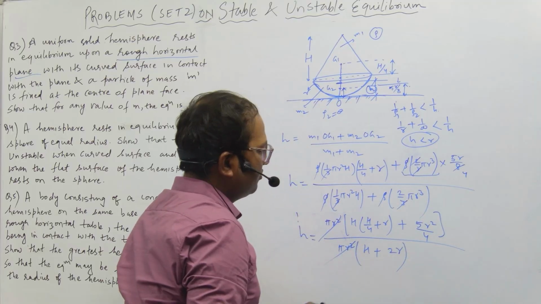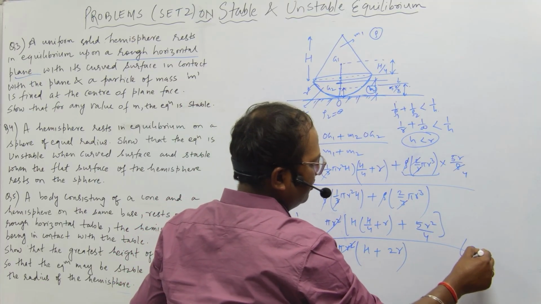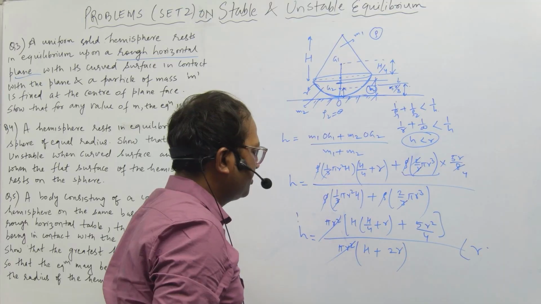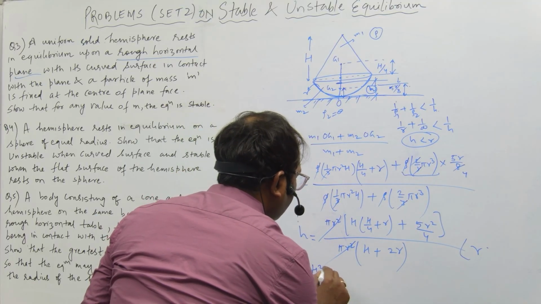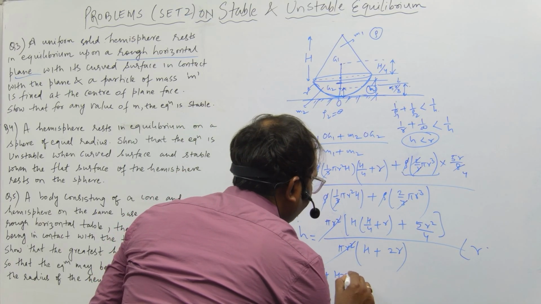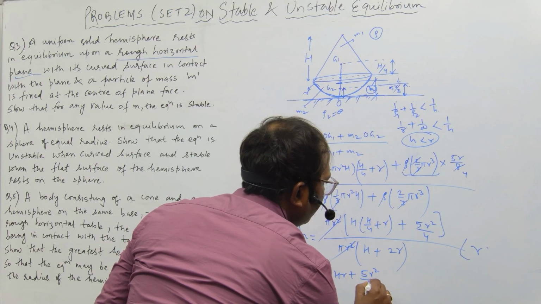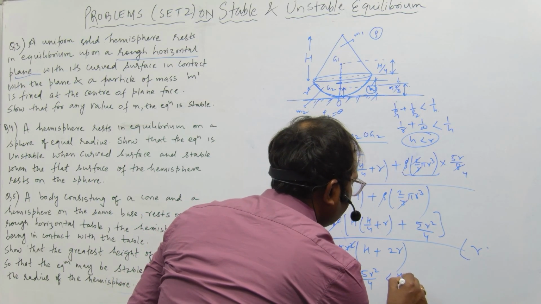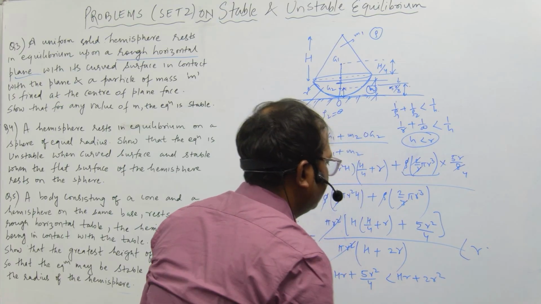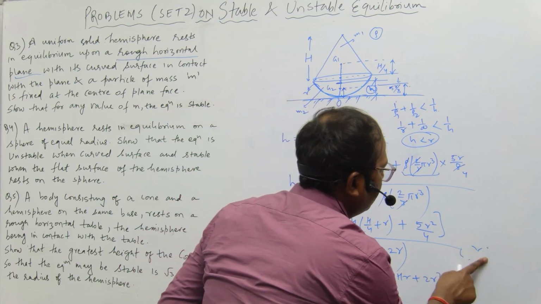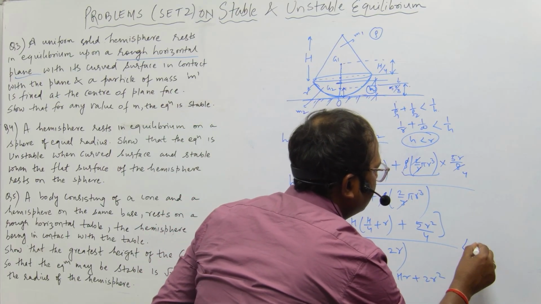This means this particular expression is less than r. So we have H square upon 4 plus Hr plus 5r square upon 4 is less than Hr plus 2r square, because the value of h is less than r.